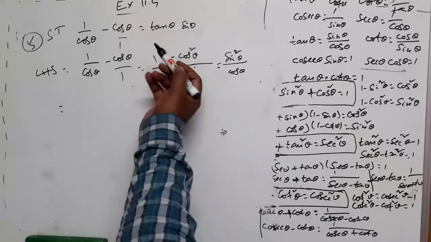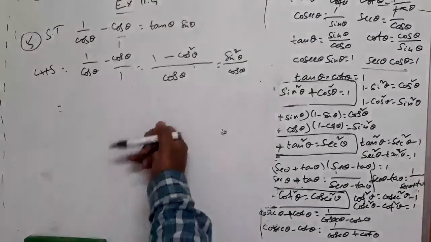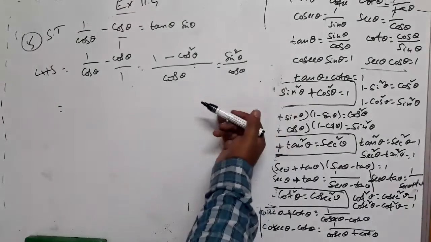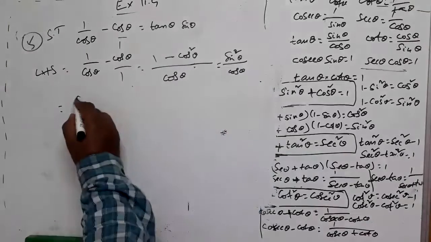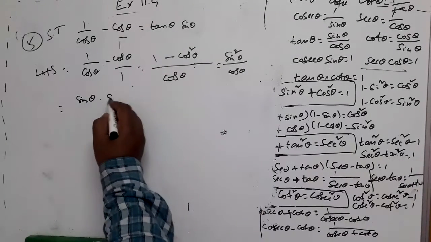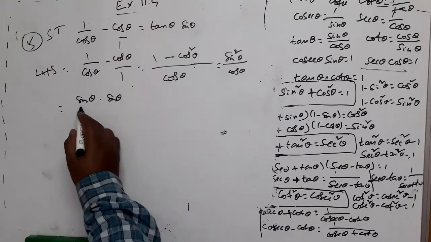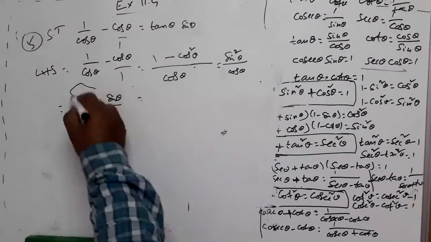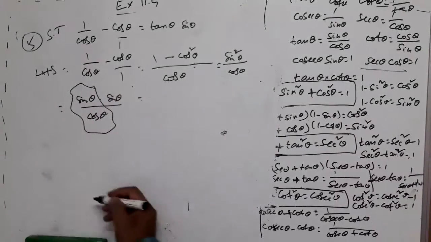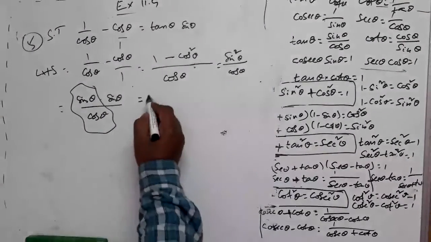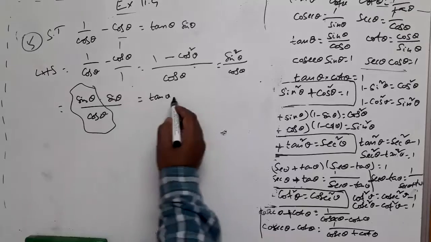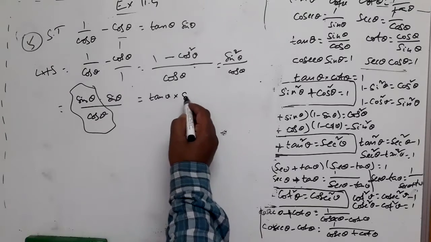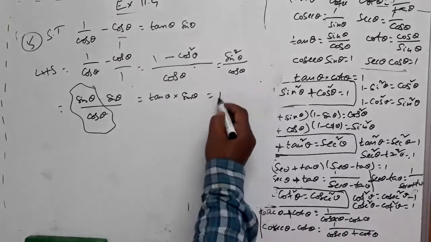You want this: clearly this is sin by cos into sin. Sin square theta, I can write as sin theta into sin theta, the denominator is cos theta. You are able to see that this term is sin theta by cos theta, that is tan theta, multiplied by sin theta. This is our right hand side part.